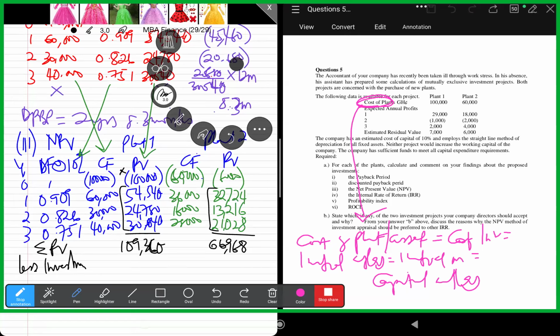Okay, so you write less initial investment, or initial outlay, or capital outlay, whichever one it is.